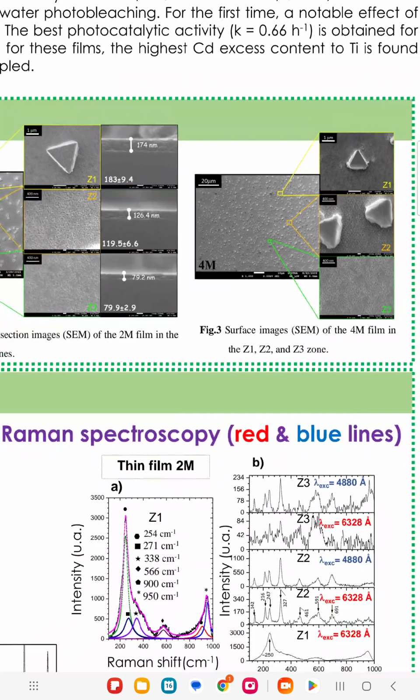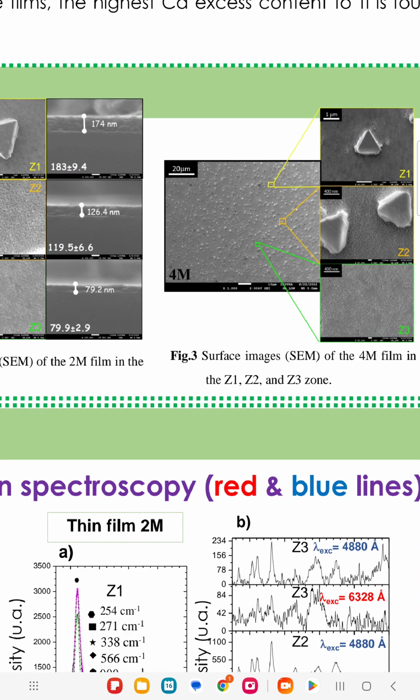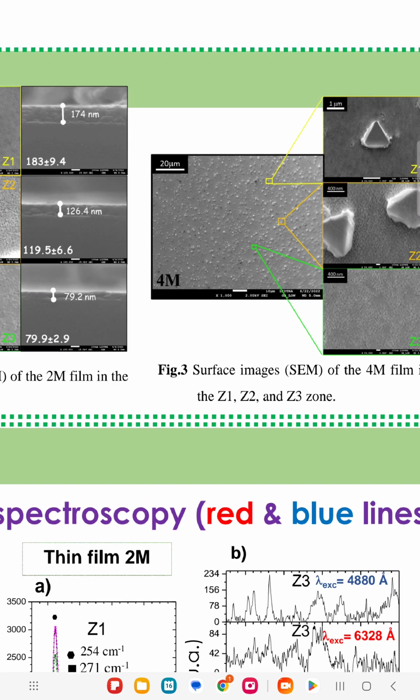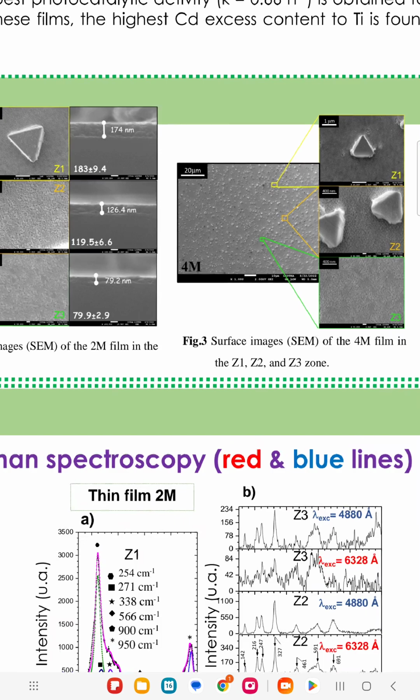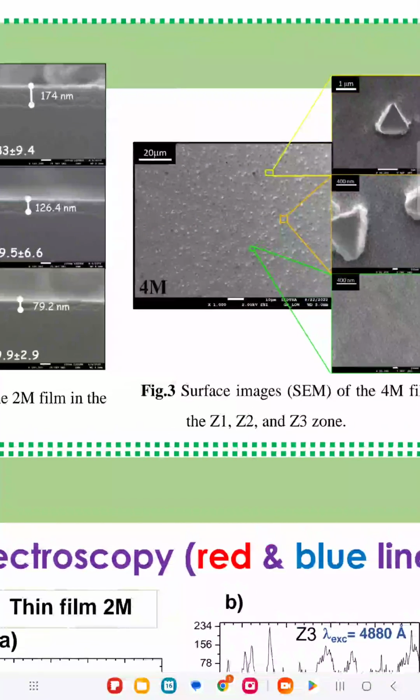We can see in this case, in the main image, the presence of these grains on the surface, but we can see that these grains are smaller than for the 2M film, as I showed you before. And we can see too that the distribution of these grains is the most homogeneous in comparison with all the films.